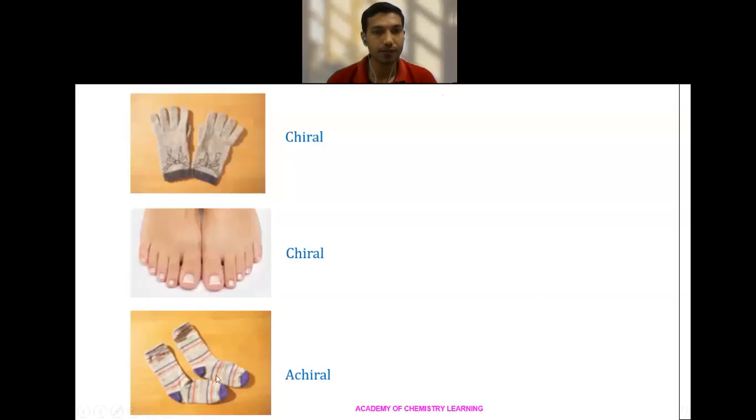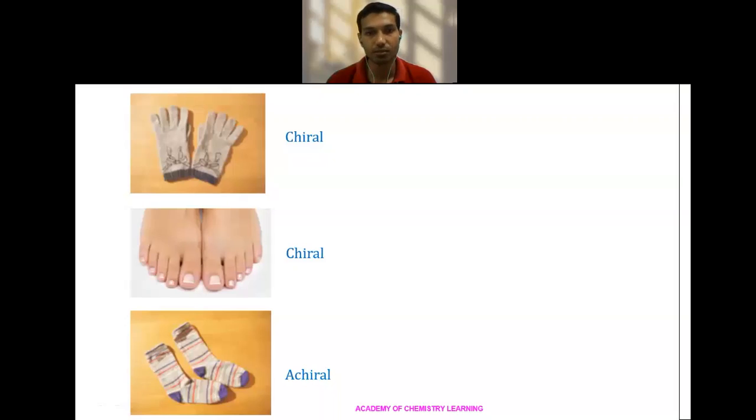A pair of socks: in the case of socks, when you take one and put it over its mirror image, because this is the mirror image of the previous one, both are superimposable, and hence they are achiral. So this is how you can find out which one is superimposable and which one is non-superimposable, and from that you can decide whether the object, structure, or molecule is chiral or achiral.